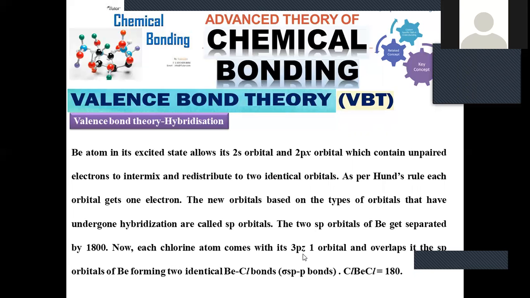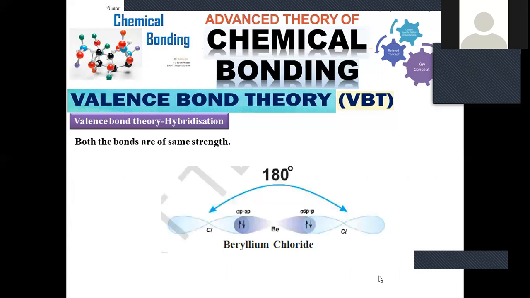Each chlorine atom comes with a 3pz orbital with one electron in it. One electron short will be there. That's the reason why they contribute towards the mutual sharing of electrons, and identical beryllium-chlorine bonds are generated by sigma sp-p bond formation. The sp hybridized orbital of beryllium participates in covalent bonding with the p orbital of chlorine, so that a sigma bond called axial overlapping is possible, whose linear geometry acquires the bond angle of 180 degrees.